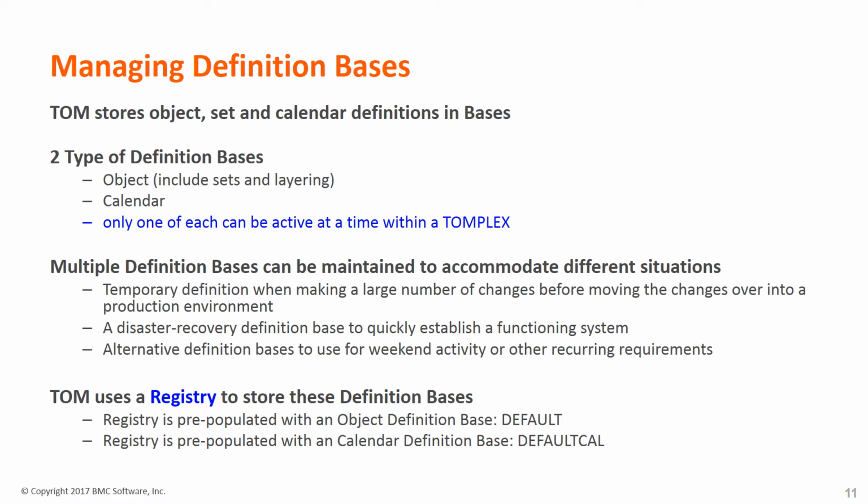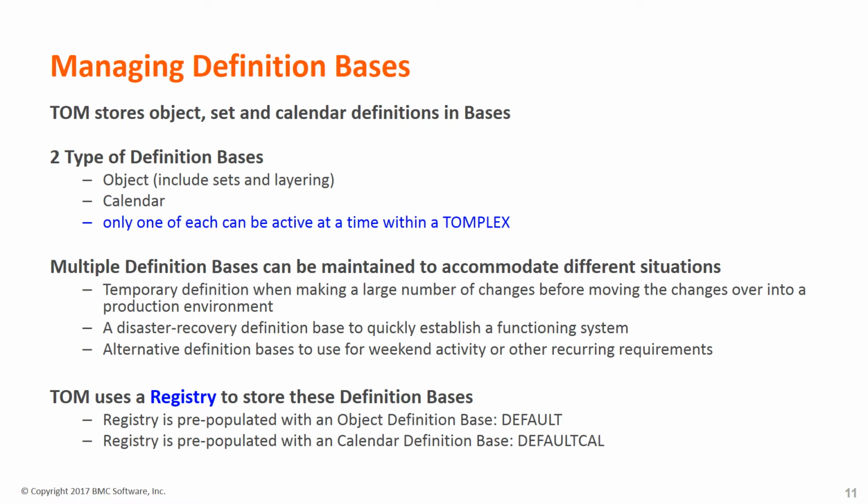Now, it is common to have multiple definition bases defined so you can accommodate different situations. One of these is when you want to build a disaster recovery definition base that maybe only brings up the base system instead of all the CICSs, DB2s, and what have you. That's one instance. Another instance where you may want to use additional definition bases is so that when you implement changes to objects, you can test them before migrating them into your production definition base.